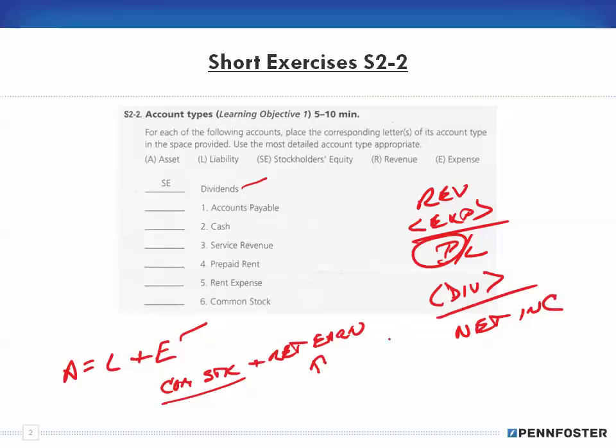But that net income, at the end of the accounting period, we close out to retained earnings. So most often the dividends will come out of the profit or loss being shown on the income statement. Now, granted, even if you don't pay dividends, that profit or loss comes over here to the retained earnings, and that's why they're showing this as stockholders' equity.